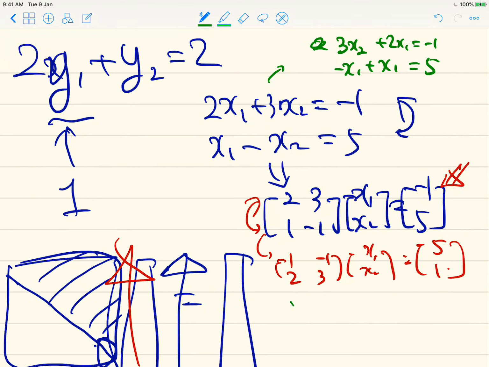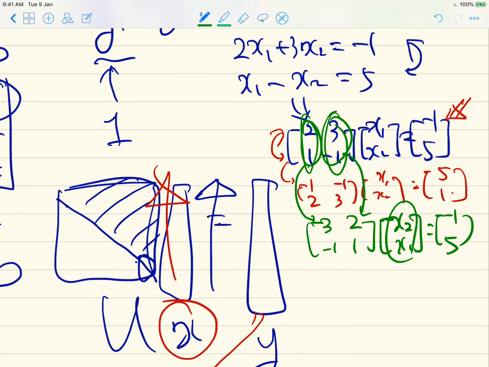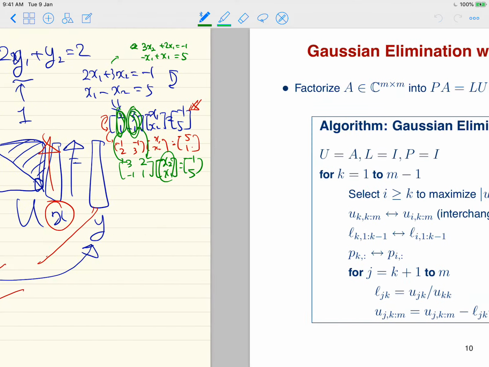And then it is like 3, 2, and -1, 1, where we changed the columns of our matrix, right? And then we just wrote x2 and x1, right? So we basically changed the columns of the original matrix A, and correspondingly we change the order of our variables associated with each column. So that is the meaning of the application of column pivoting to linear system solving, when we want to use the complete pivoting based LU factorization.